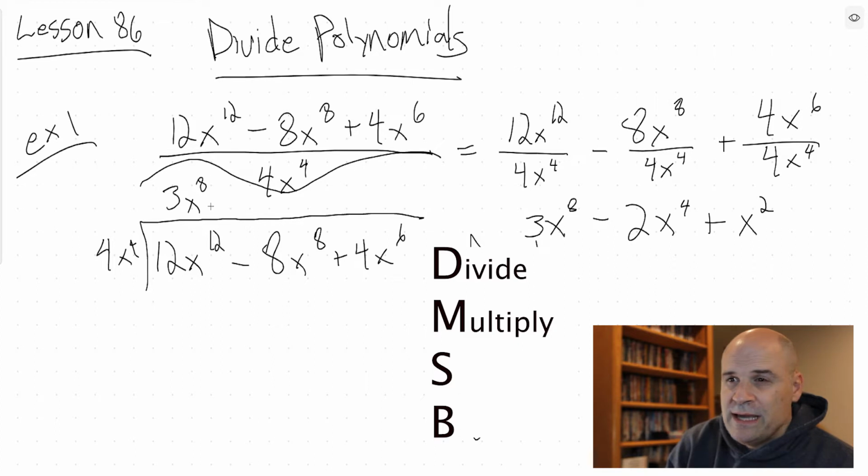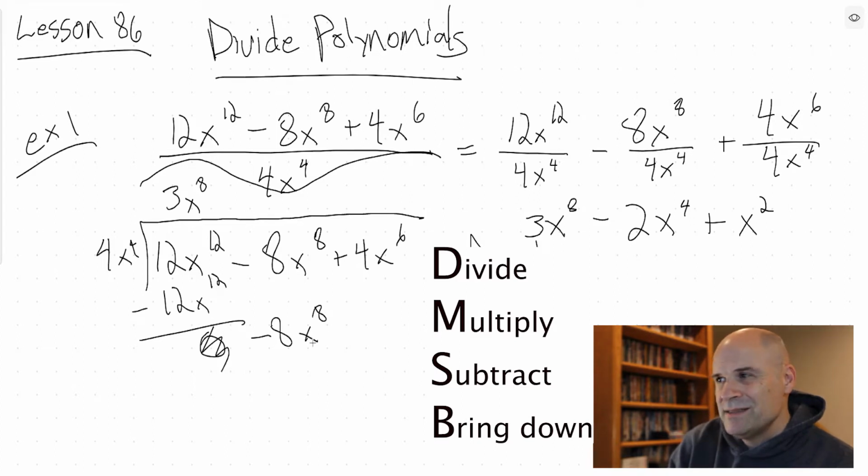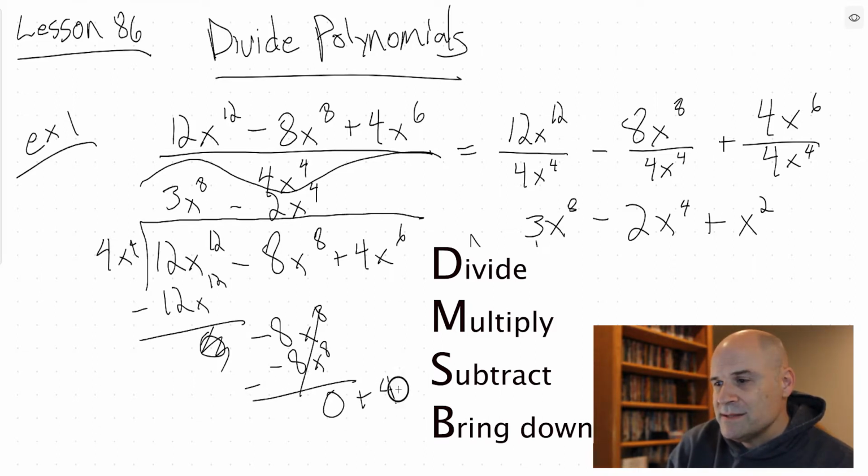So you could have done it this way, and then we multiply, remember, 3x to the 8th times 4x to the fourth. Well, we get 12x to the 12th. We subtract, we bring down the next term. Remember doing this? So this ends up being negative 8x to the 8th. So divide that, you get negative 2x to the fourth. Multiply, you get negative 8x to the 8th. Subtract, that cancels that, and you get 0 plus 4x to the 6th.